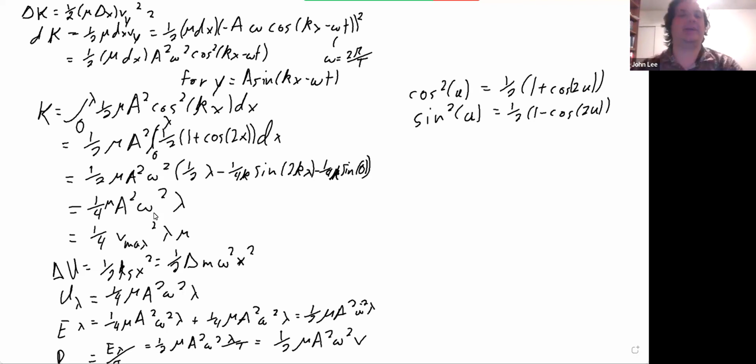m omega squared x squared being equal to ks, because omega is the square root of k over m.